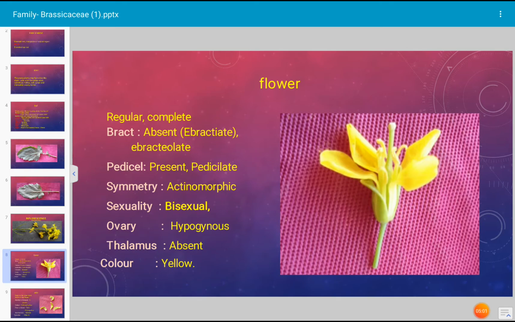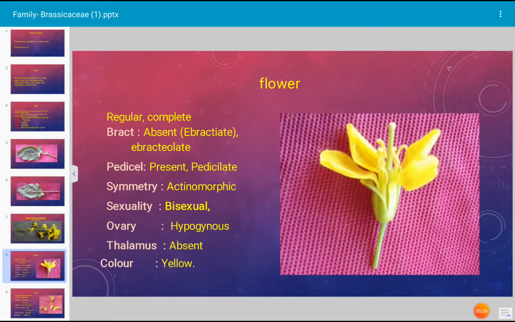If the pedicel is present, the flower is described as pedicellate. And how is the symmetry of the flower? It is an actinomorphic flower. You can divide it into two equal parts. Two equal parts of the flower can be formed here, that is an actinomorphic flower.